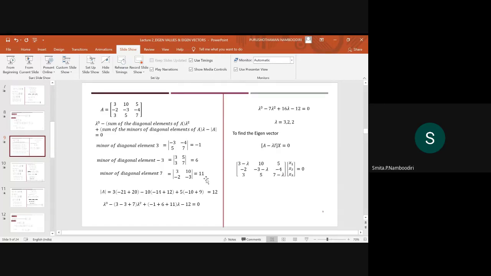Determinant of A, just check the value of determinant of A also. Determinant of A, you know how to calculate using calci, all of you?